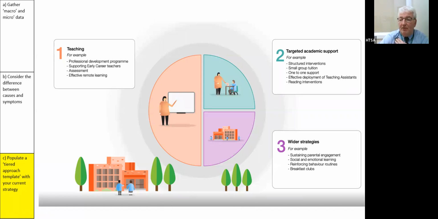A reminder from the EEF is that tier 1, the teaching and learning section, is deliberately drawn larger than the other two, because this is the one that we know has the greatest effect on disadvantaged student progress. So thinking about whether you have got the balance right between these three tiers will be something that we'll be looking at in the next session.